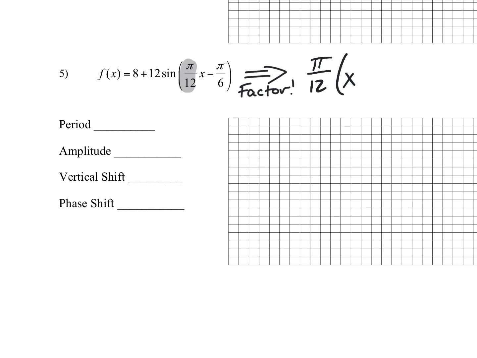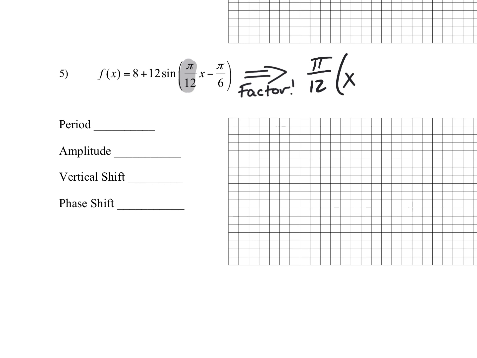Understand that pi over 12 is going to affect the period. An effect to the period, a horizontal compression or stretch factor, will also affect our phase shift. So by factoring out this pi over 12, we make our key features easier to identify so we can more accurately graph our function.